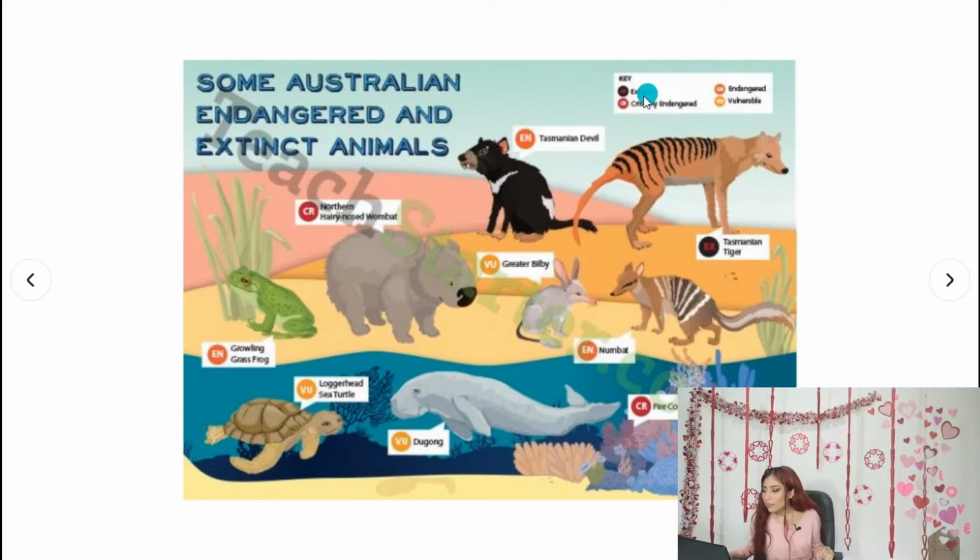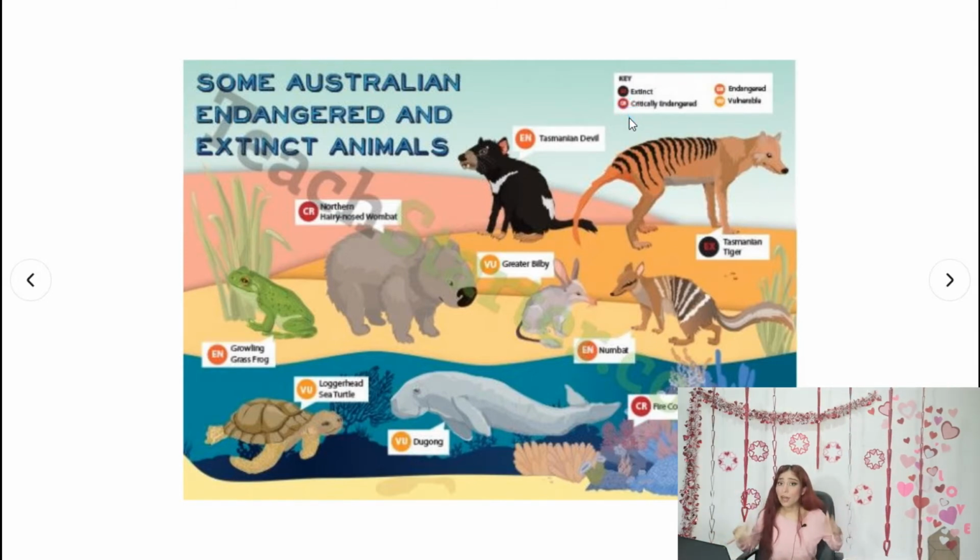Now, this black circle means extinct. The red circle means critically endangered, like they are about to become extinct. Now, the orange means endangered, so they can still be treated pretty well. If we protect them, we can save their species.